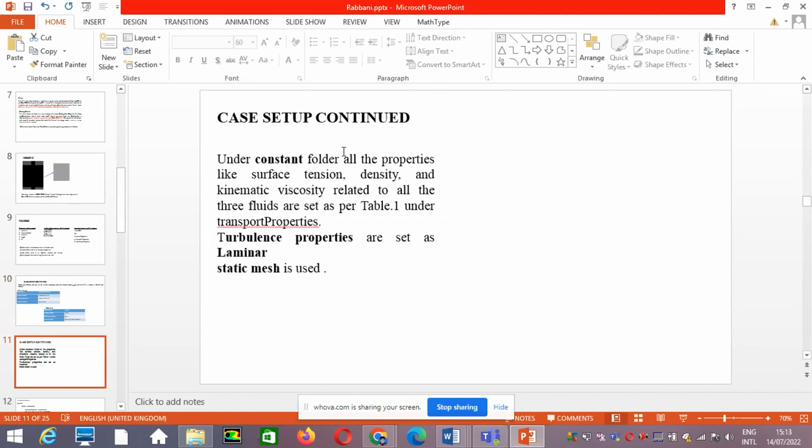In the constant folder, we will just change the surface tension, density, and kinematic viscosity values. If you are running a laminar case, we'll go for laminar, and if you are using a static mesh, we'll just set the static mesh.